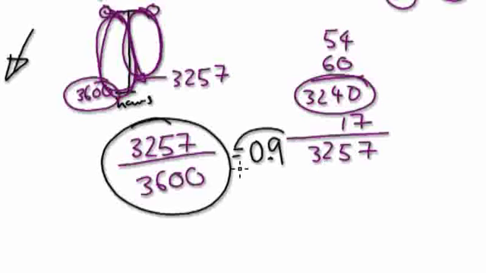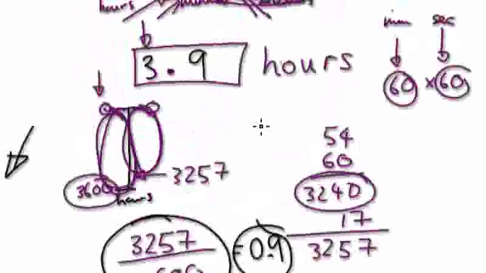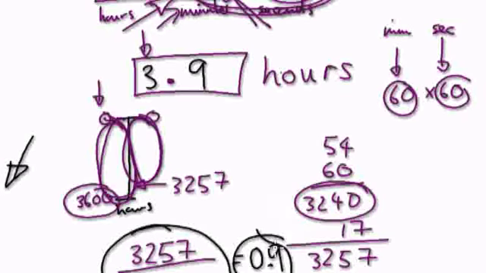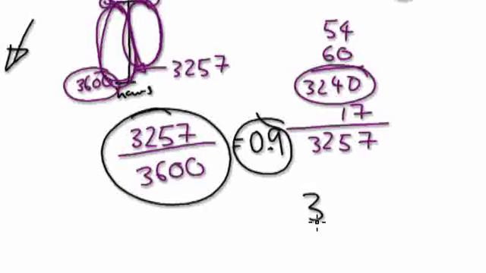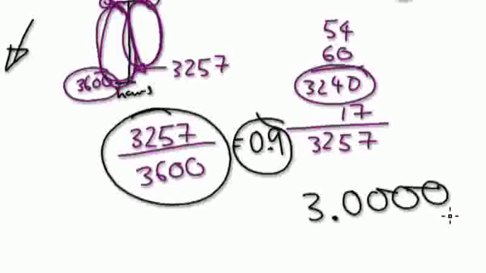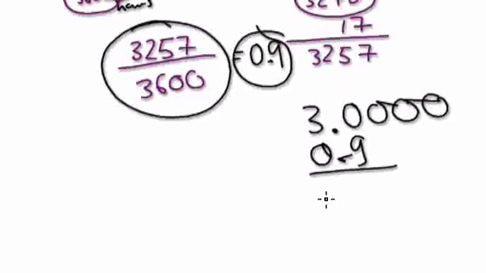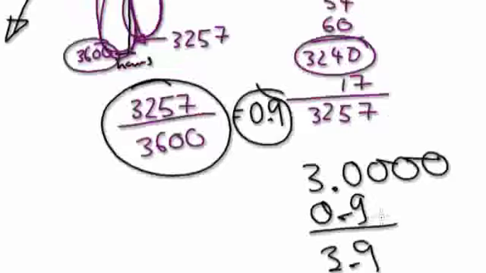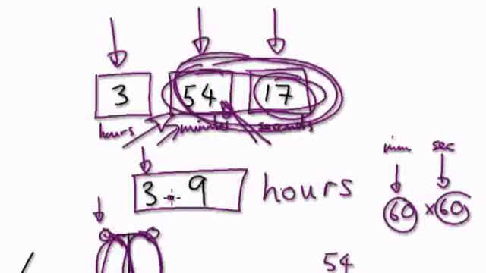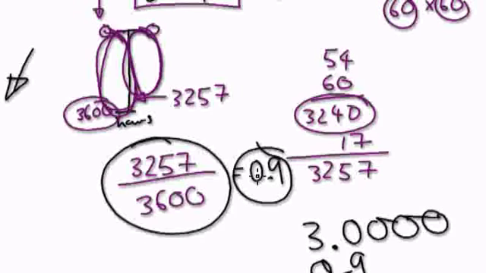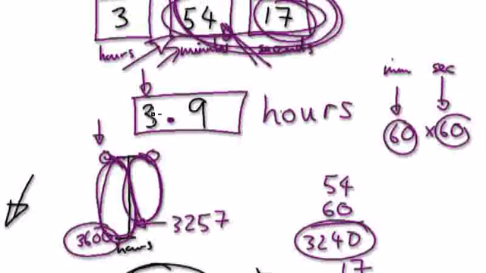So now you've got to get this and add the 3. Basically we had 3 hours earlier, so you can think of 3 hours as this. We've got to add 0.9 in there. So the answer would be 3.9. Yeah, I confused you a bit. So the answer should be 3.9 hours.